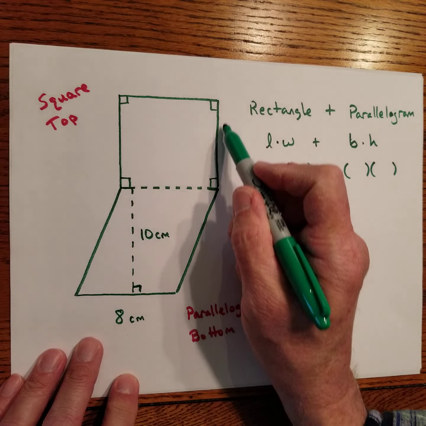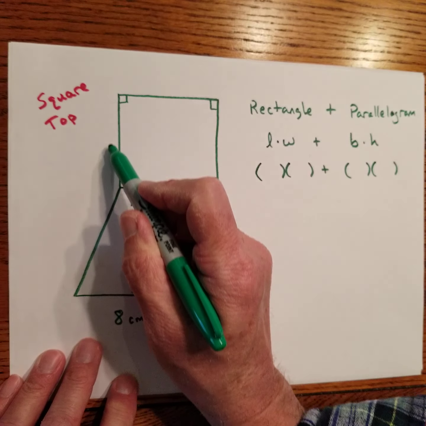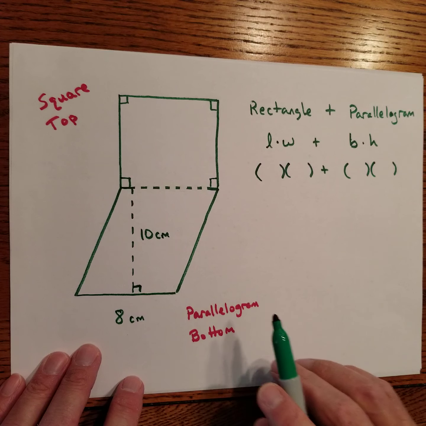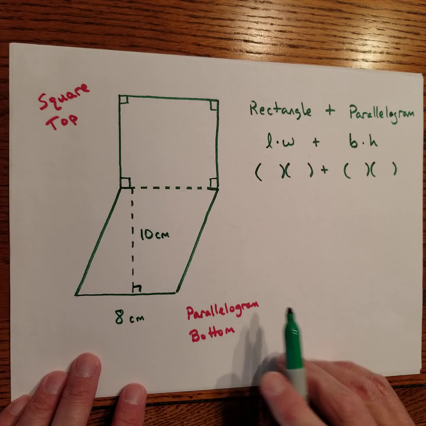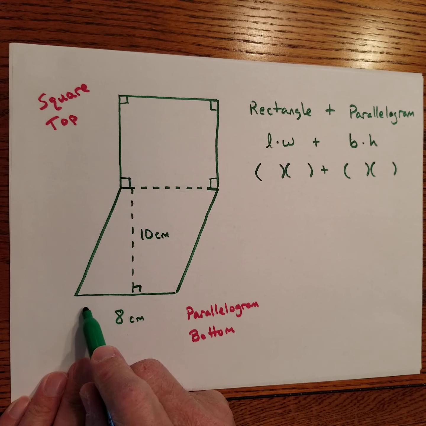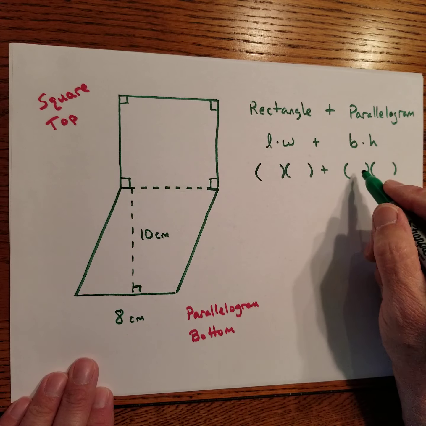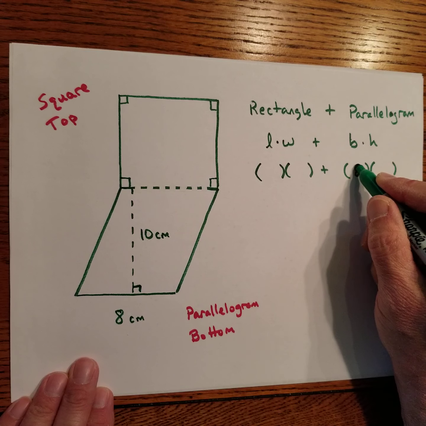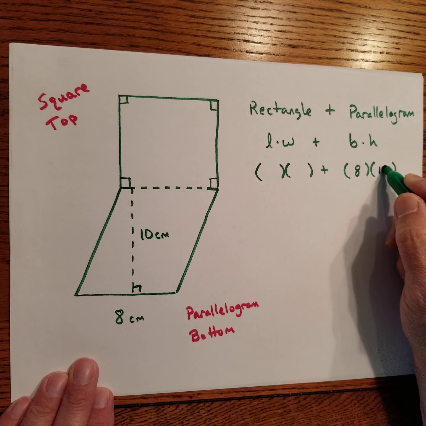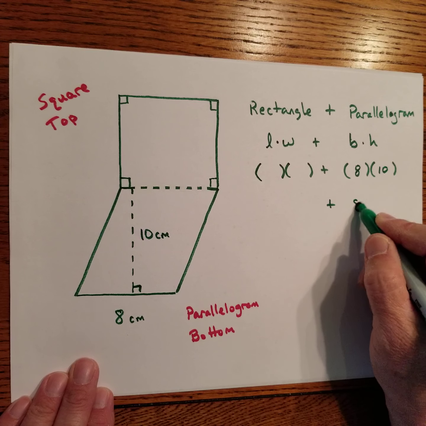But on the rectangle, they haven't given me any numbers. I don't have the length and the width. Let's start with the parallelogram. For the parallelogram, do I know the base and the height? Certainly the base is 8. And the height is this 10. 8 times 10 is 80.